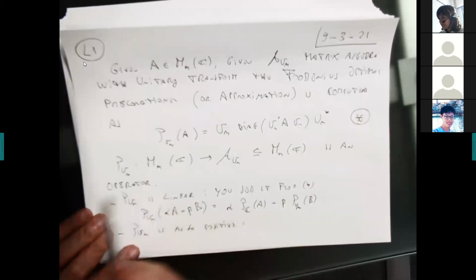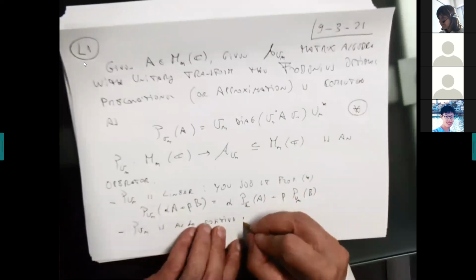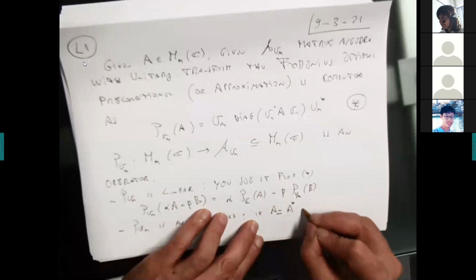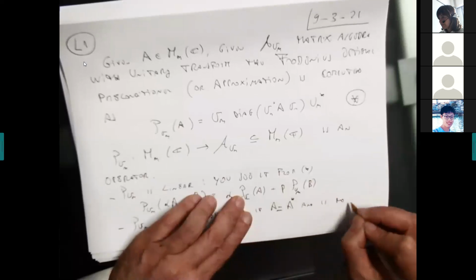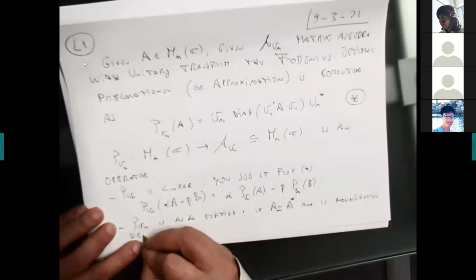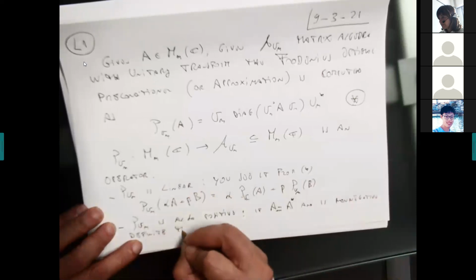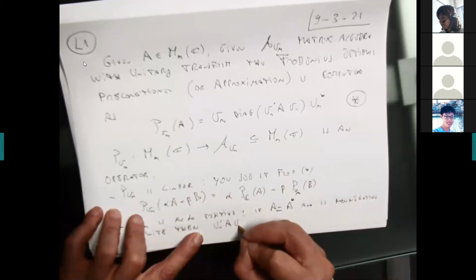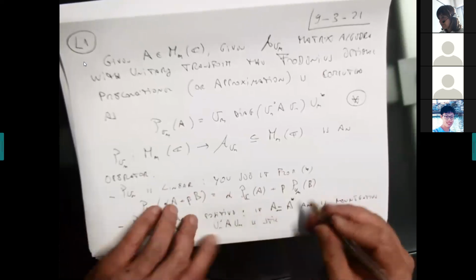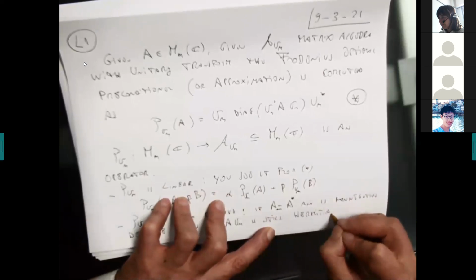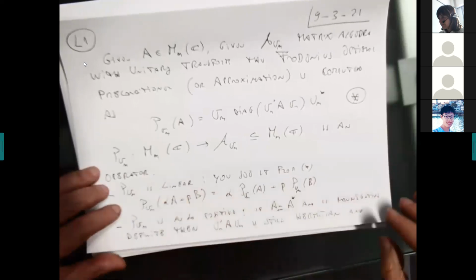If you start from a matrix which is Hermitian and non-negative definite, so if A is equal to A star and is non-negative definite, then UN star A UN is still Hermitian and non-negative definite.